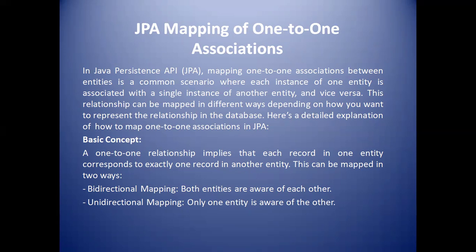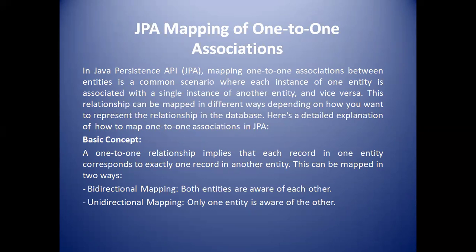This relationship can be mapped in different ways depending on how we want to represent the relationship in the database. A detailed explanation of how to map a one-to-one association in JPA. The basic concept is given. A one-to-one relationship implies that a record in one entity corresponds to exactly one record in another entity.